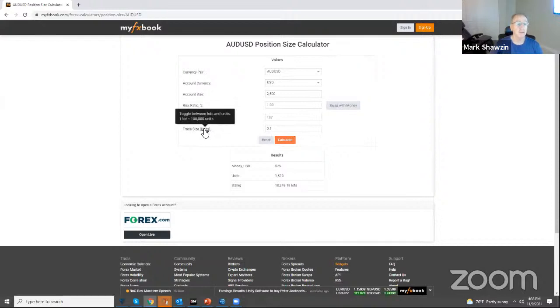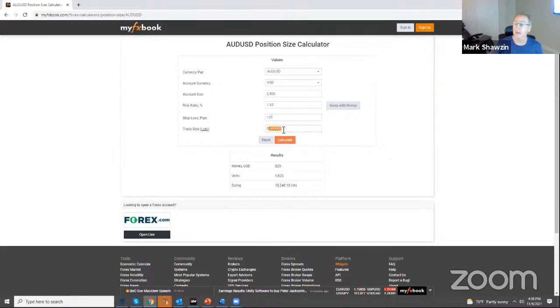One lot equals 100,000 units. So 0.10 should equal 10,000 units, but that's not what this is indicating. Sorry about this. They changed this up. They made it much more complicated. It used to be such a great site.